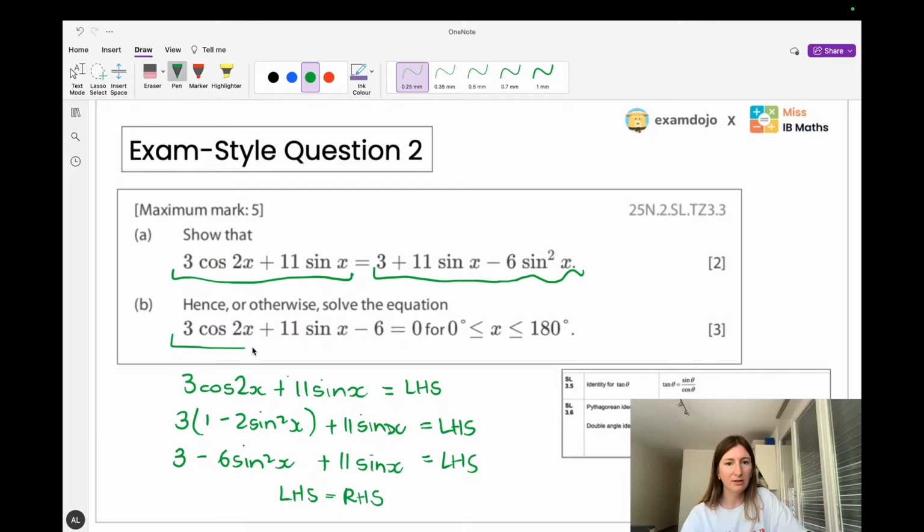So solving this equation between 0 and 180, you can already use what you have changed it into. You've already got that side, so you can use that to solve.